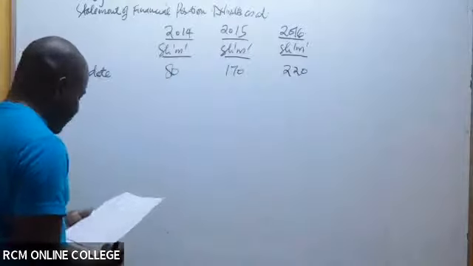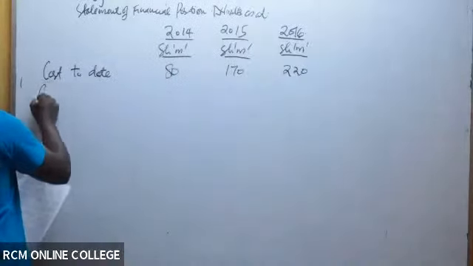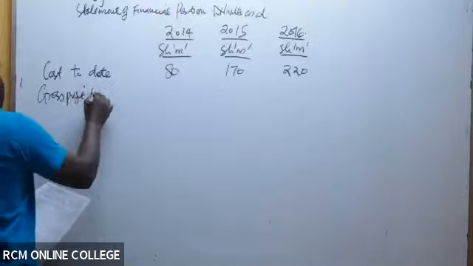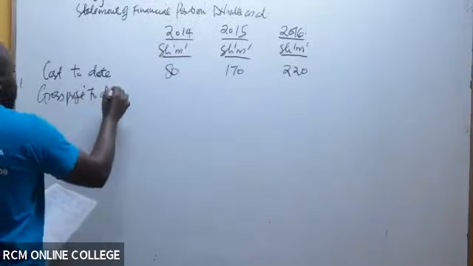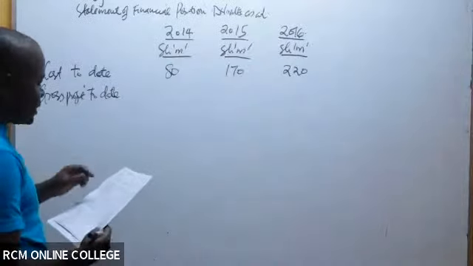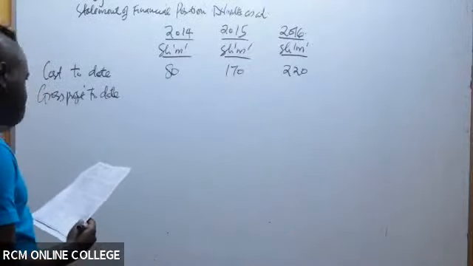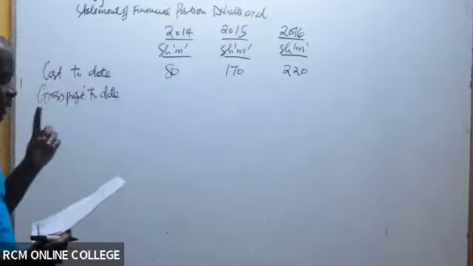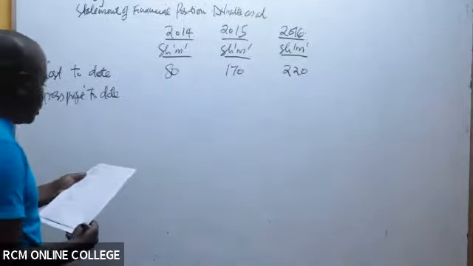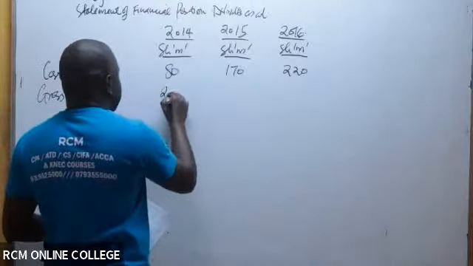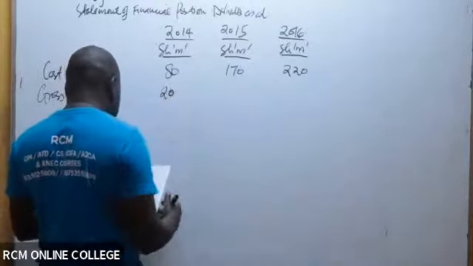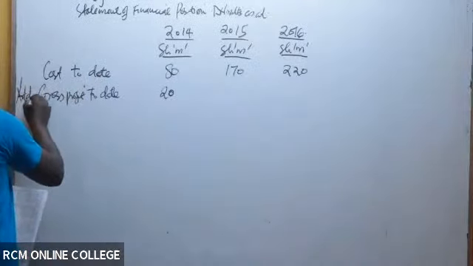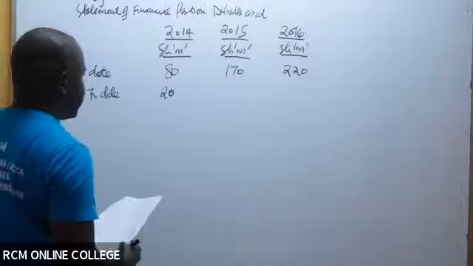On this one, you add the gross profit to date, which is what you've realized as the gross profits in the income statement. If you look at the income statement we've just computed, the gross profit for the year 2014 was actually 20. So this one you add.